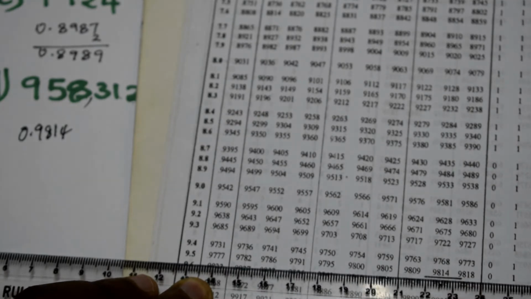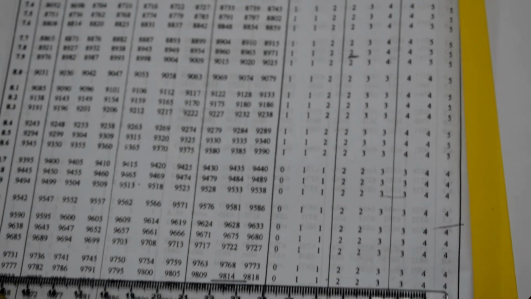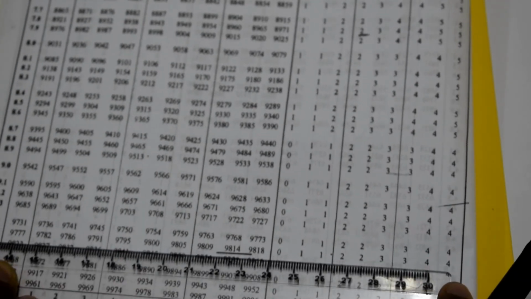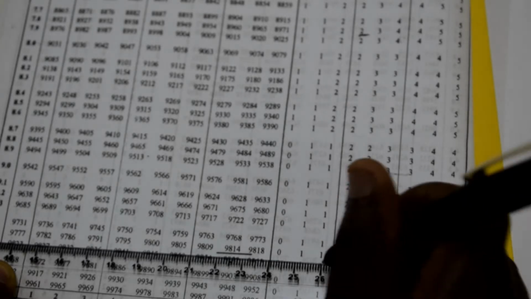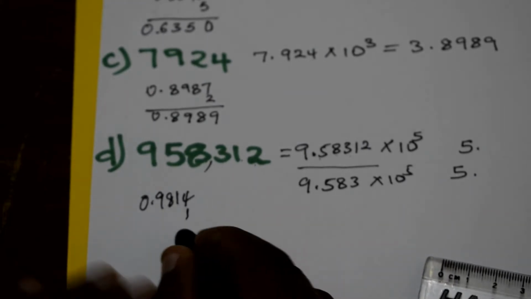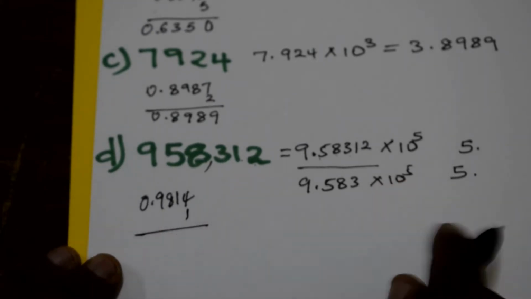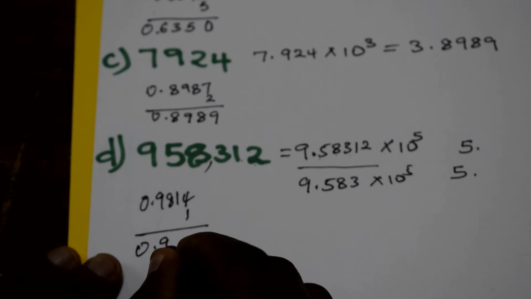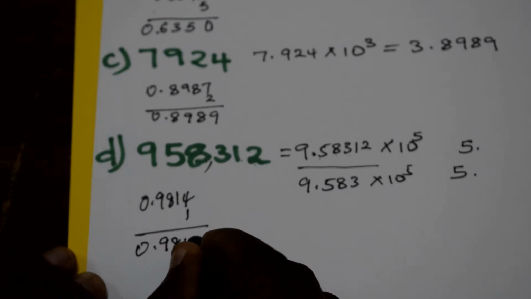Then we move to the next column, which is 3, and from here we can see 3 is going to give us 1. So we add 1, and this will give us 0.9815.